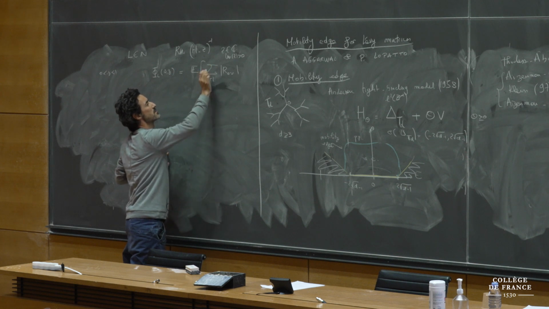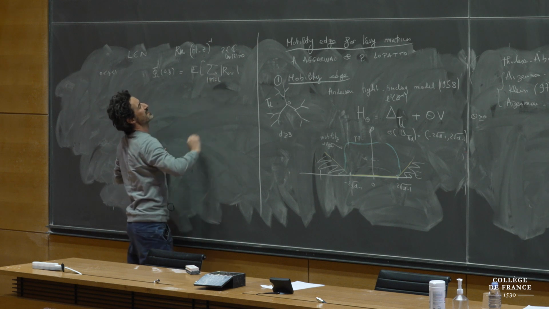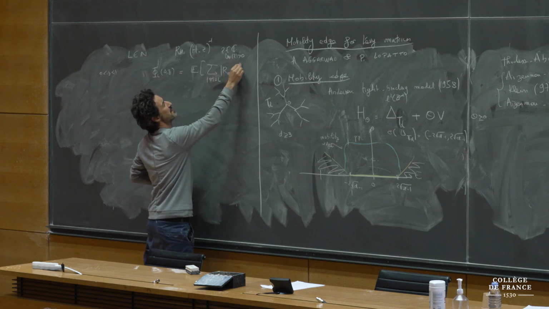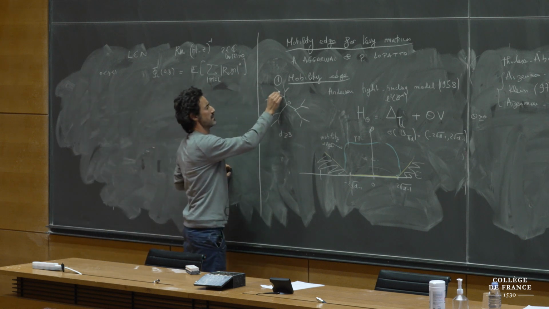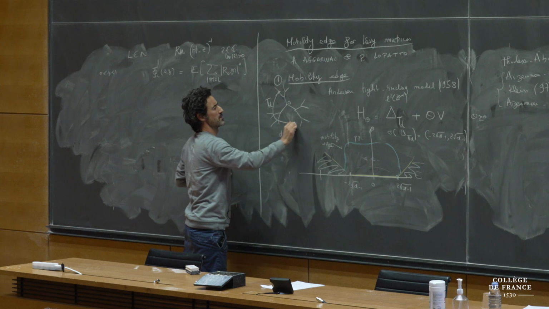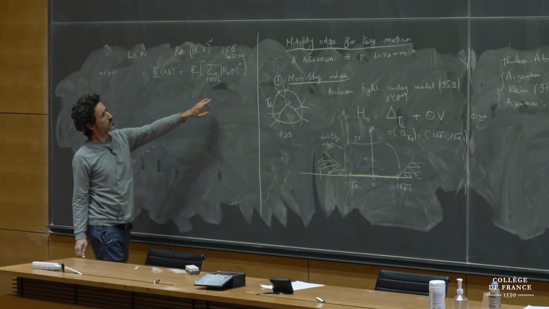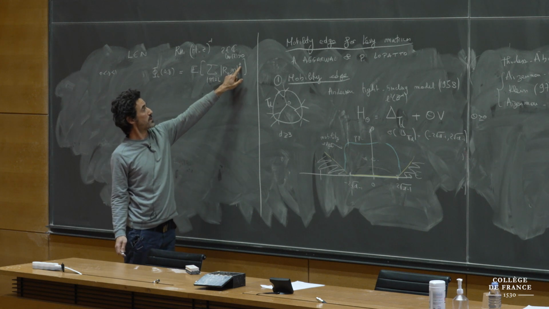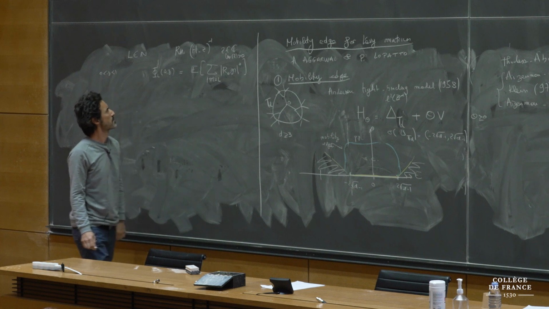I will use the same notation as Nalini. So this is the set of vertices at distance L. You sum over all vertices at distance L, and you sum the s-th power of the modulus of the resolvent.